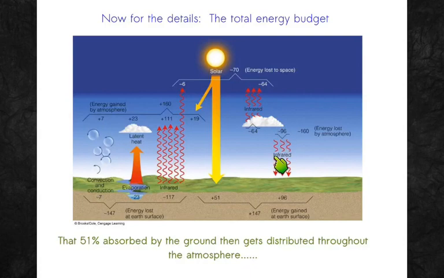And the part that comes downwards is, again, the greenhouse effect, right? Some of that energy that would have been lost to space is now being absorbed by the atmosphere and then re-radiated back to the Earth, energy that gets recycled back downwards and keeps things warmer than it would have been otherwise.